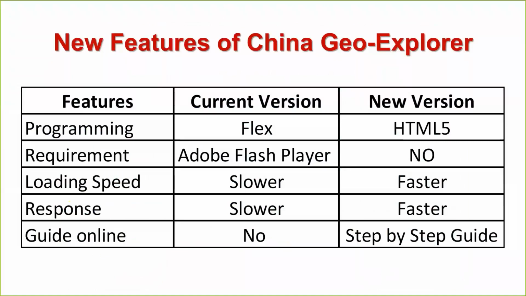If you don't have Flash Player, it will ask you to install it. It's a plugin. But the new version has no such requirement, because some browsers are not compatible with Adobe Flash Player.